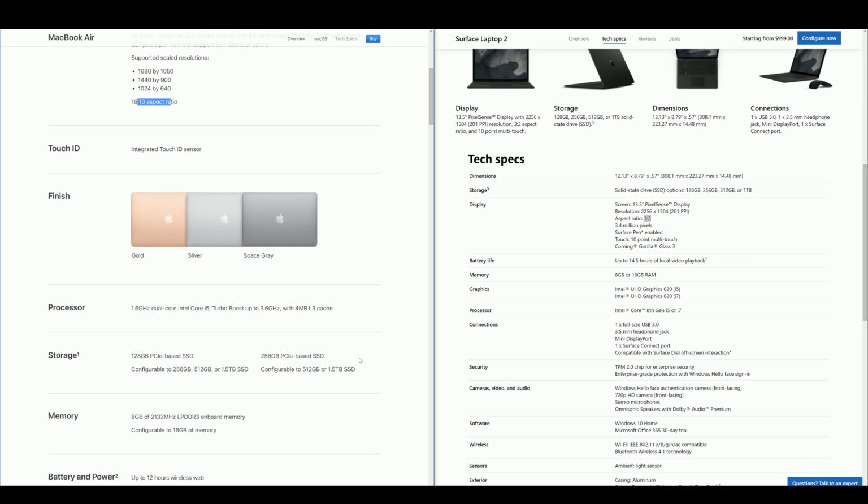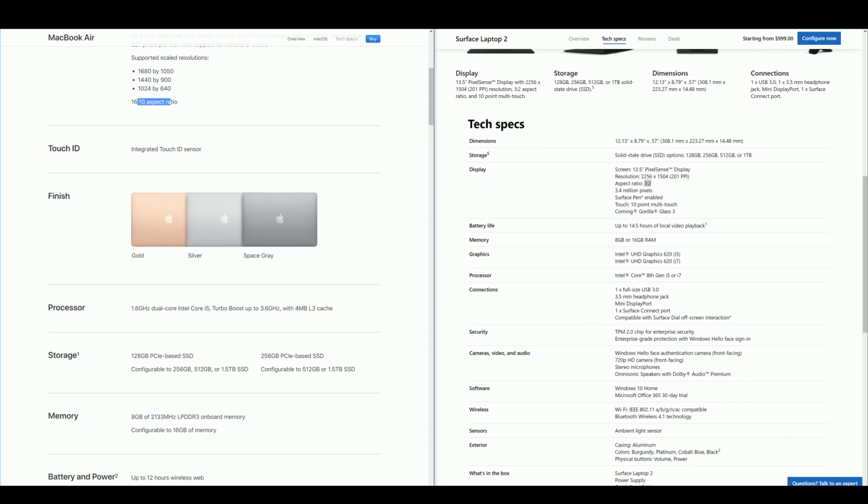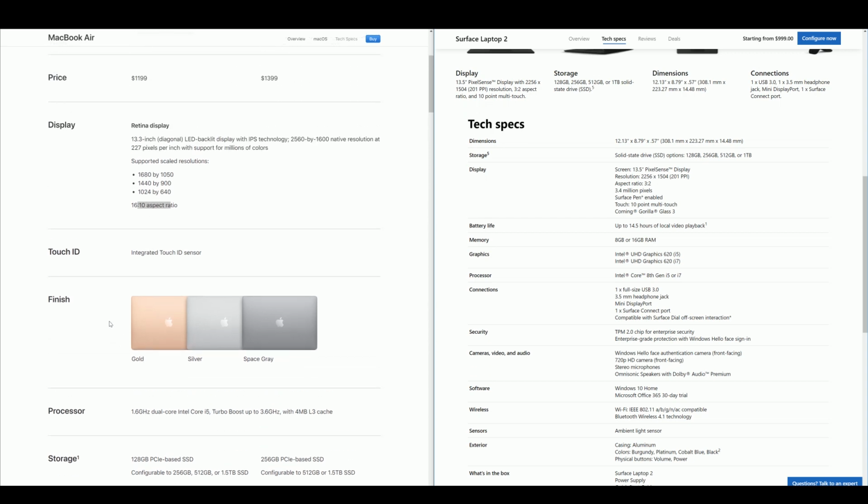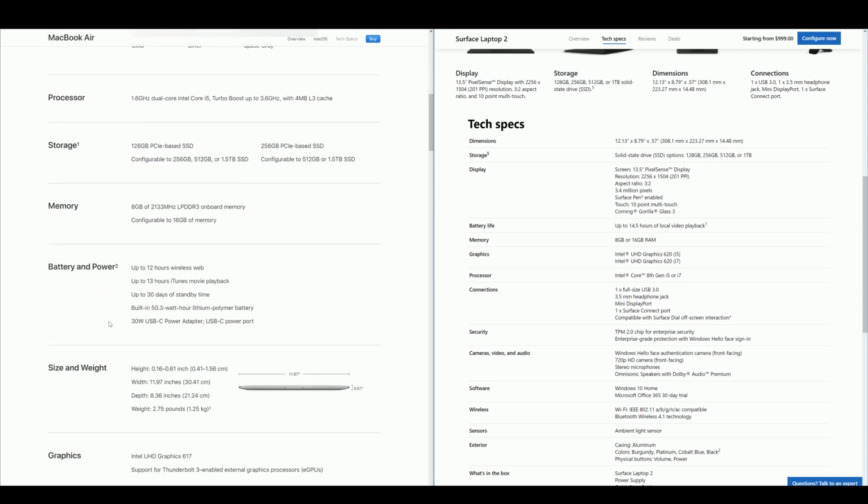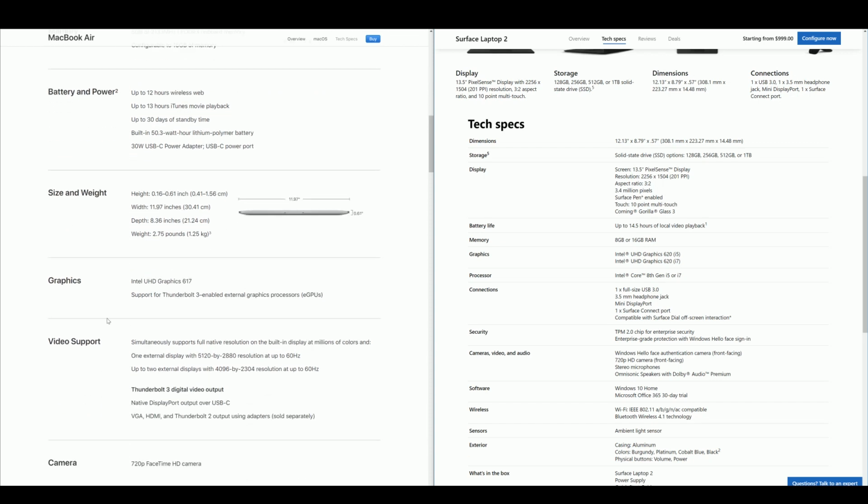Now, the ports are interesting because Microsoft is more of a classic port kind of guy, if you know what I mean, because they've got one full USB here, they've got the headphone jack, they've got a mini display port, and the Surface Connect, which is for charging, and Apple is all in on USB Type-C. And so just keep that in mind.